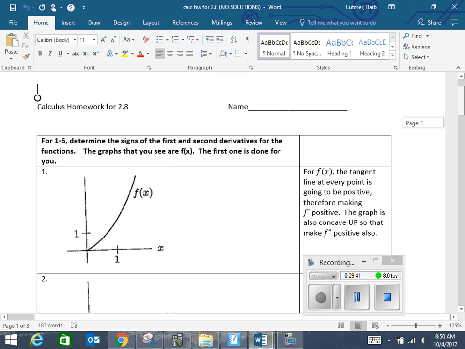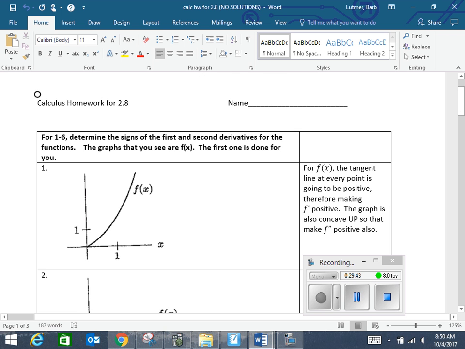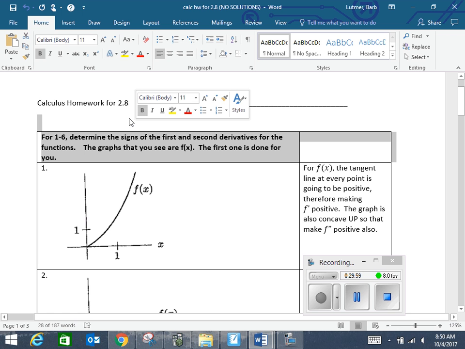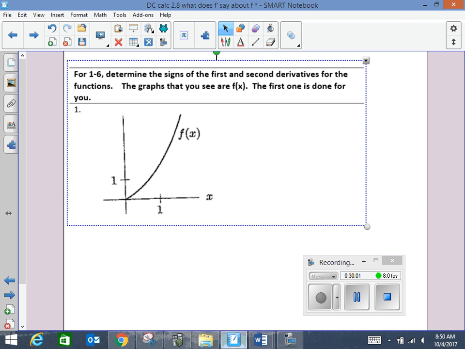The first 6 are done the same way. So the graphs that you're looking at are f of x. We are supposed to be looking at the first and second derivatives, and all we're looking at is signs. This is a word. We're just looking at signs as in positive or negative.